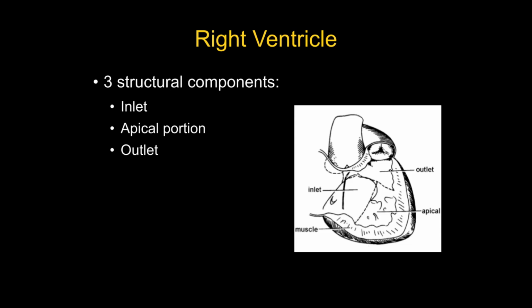The entry point was the right atrioventricular orifice, and the exit point is the outlet, which is the conus arteriosus, which leads to your pulmonary artery and pulmonary trunk. And then the part of the right ventricle that contributes to what we call the apex, the apical portion.